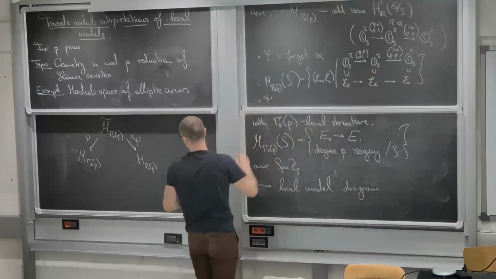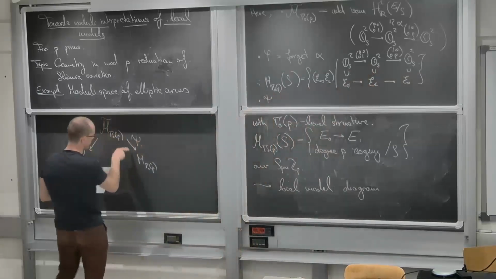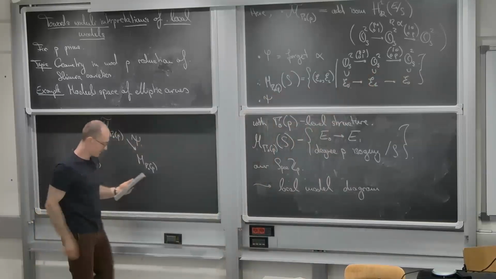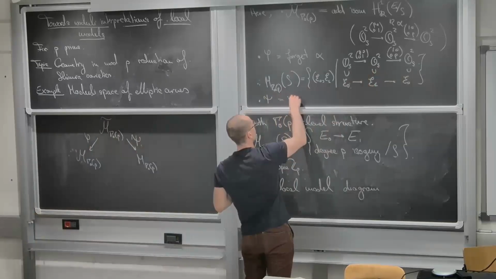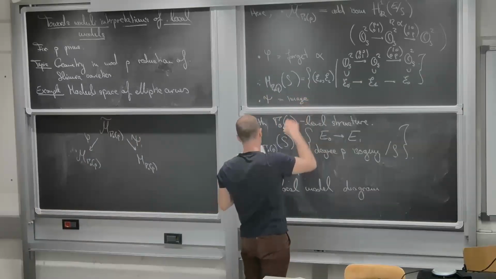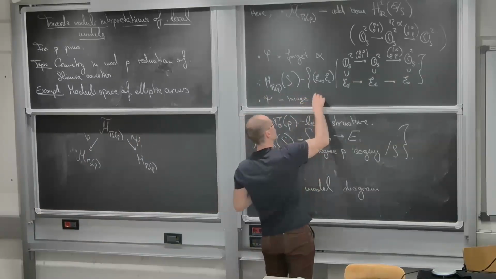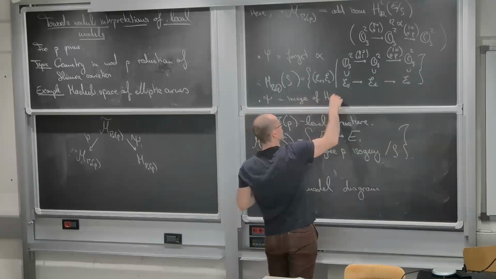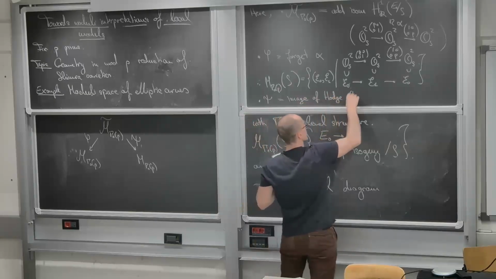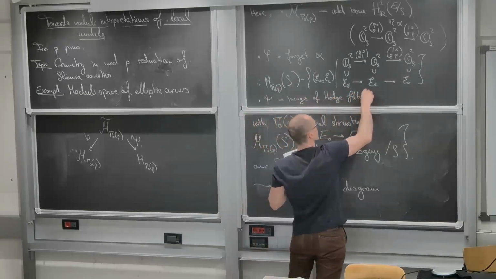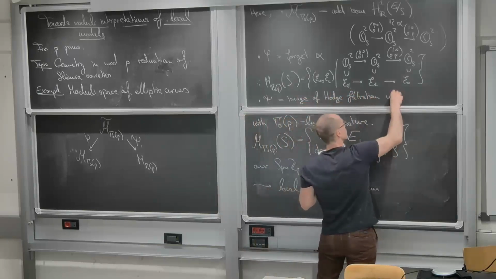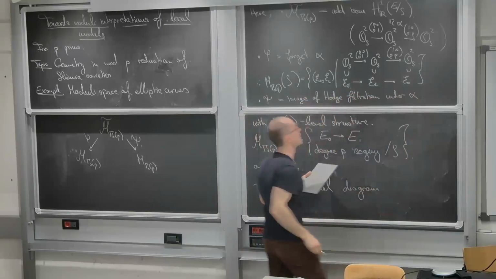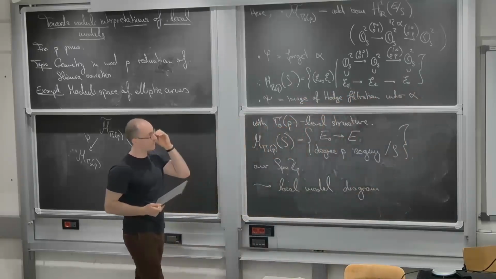What is the map psi here? Somehow the map psi is in a way the interesting map. This is the image of the Hodge filtration under this isomorphism alpha.